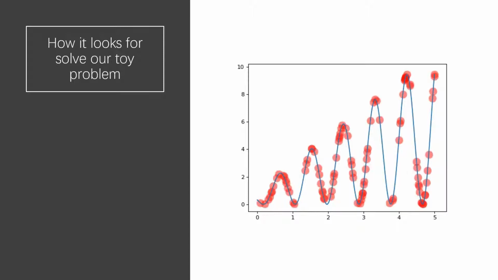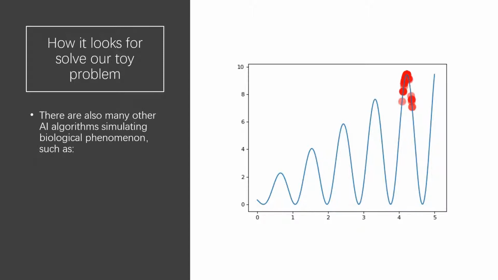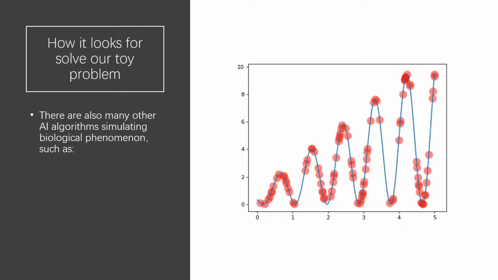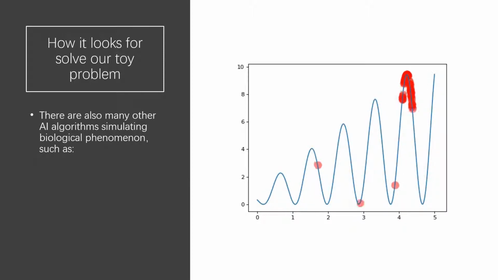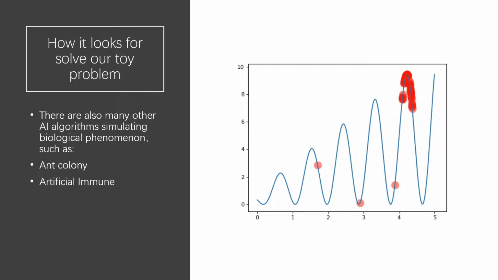Just let the algorithm explore the world for you. And in the AI field, there are also many other algorithms which are similar to the genetic algorithm and also simulate some natural processes, such as ant colony, artificial immune, and particle swarm.